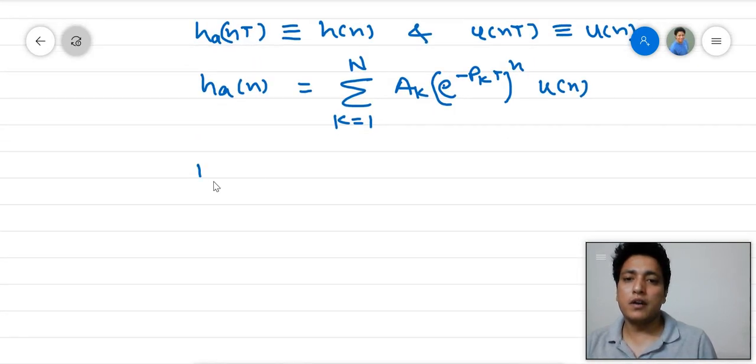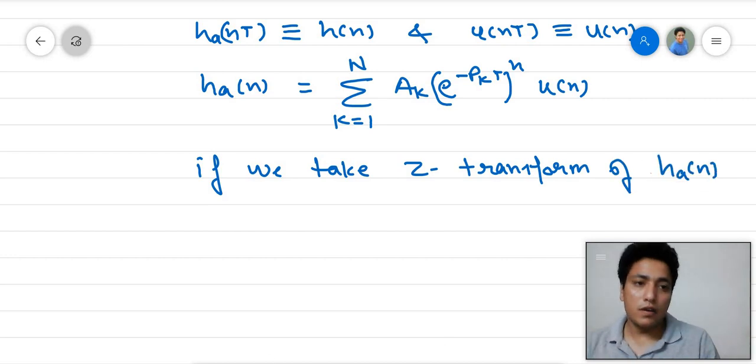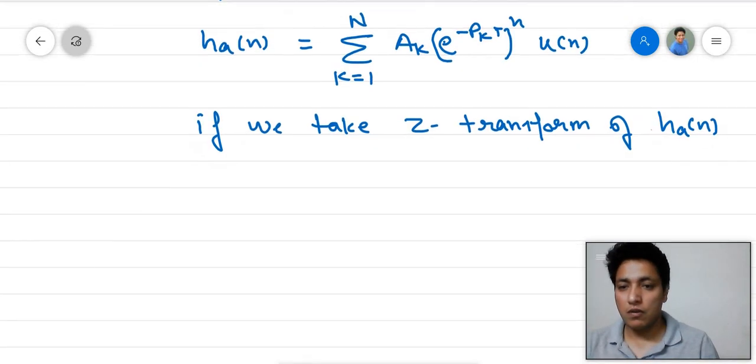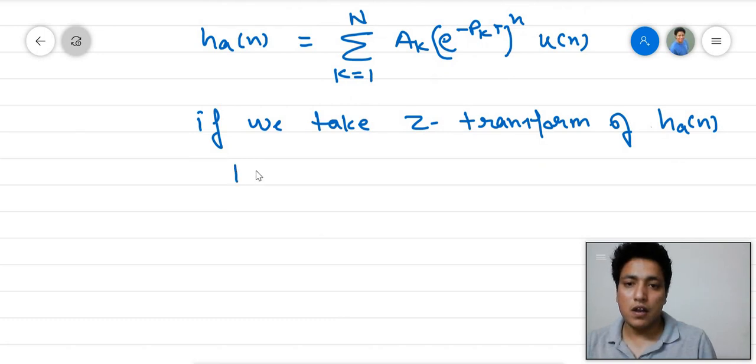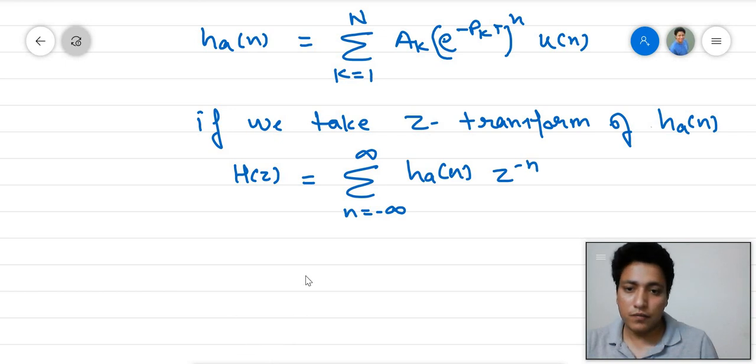Now if we take the Z transform of h(n), we get H(z) equals summation n equals minus infinity to infinity h(n) z to the power minus n.